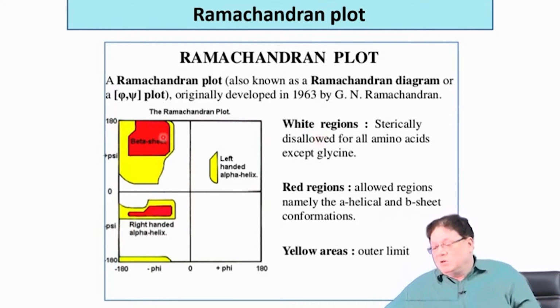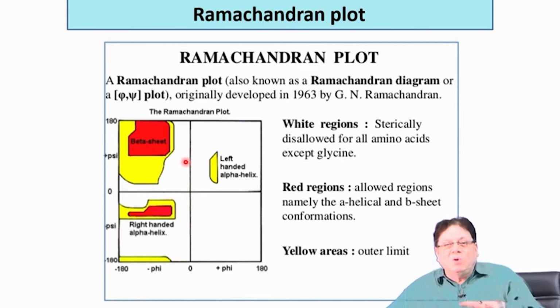Now, he has shown some regions which are red in color, some regions which are yellow in color. What does it say? And some are not colored at all, only white. Okay. What he found is, he studied all these different structures, the beta sheet structure, the alpha helix, the turn structure, everything, and then he determined what the phi and psi angles are in them.